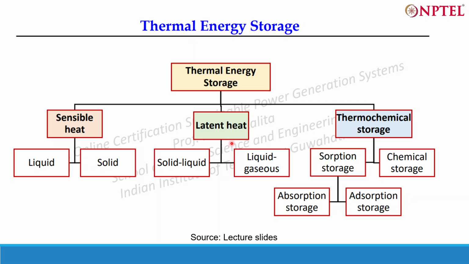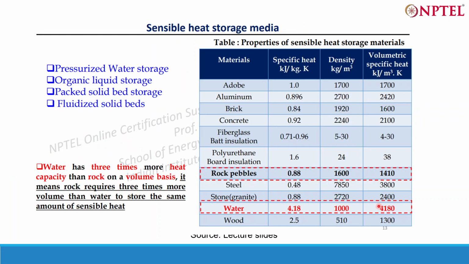Just like ice or water can be converted to vapor, heat can be given to water to convert it to vapor. And if you condense the vapor back, you get that heat back. Okay, thermochemical storage is there, so absorption storage and chemical storage.